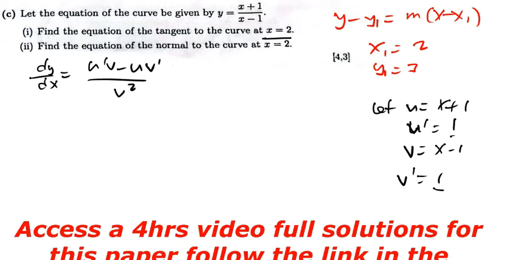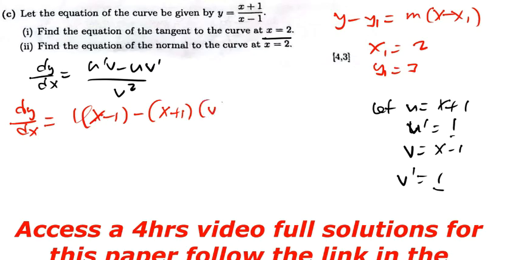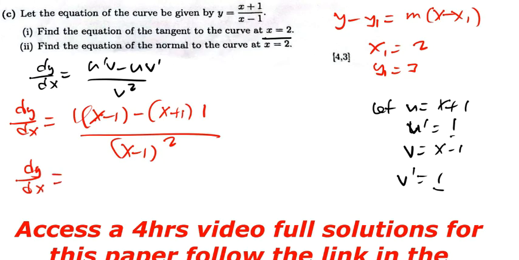Let's plug in the values. So dy over dx will be equal to u prime which is 1, times v which is x minus 1, minus u which is x plus 1, times v prime which is 1, divided by v squared, so x minus 1 squared. To simplify this, we have x minus 1 minus x minus 1.